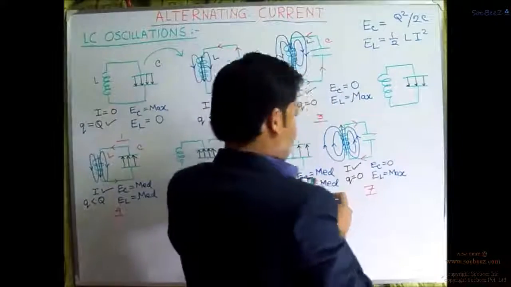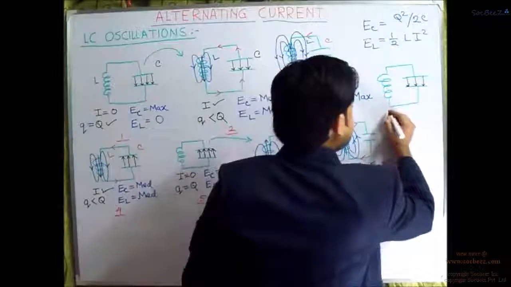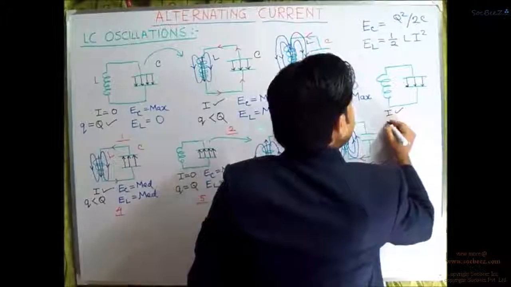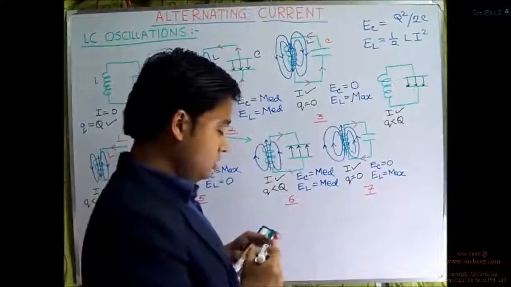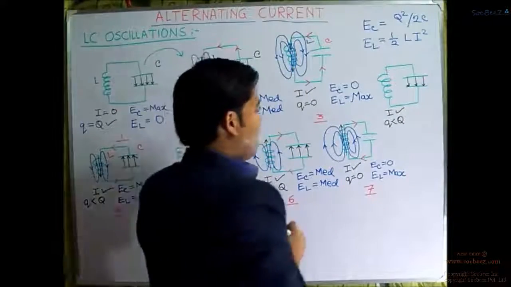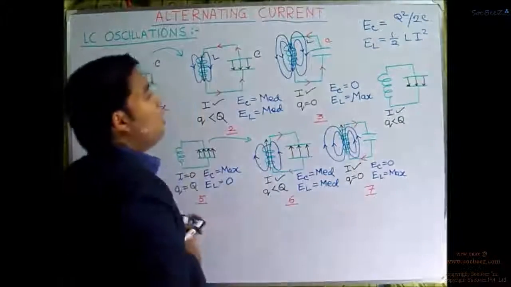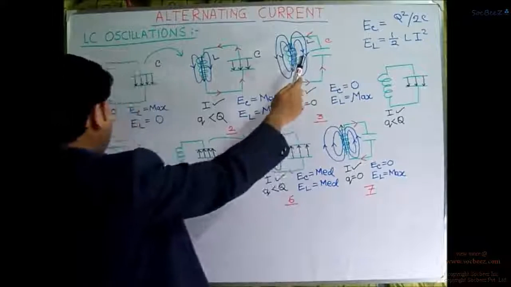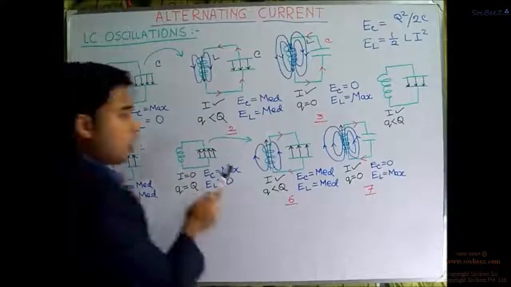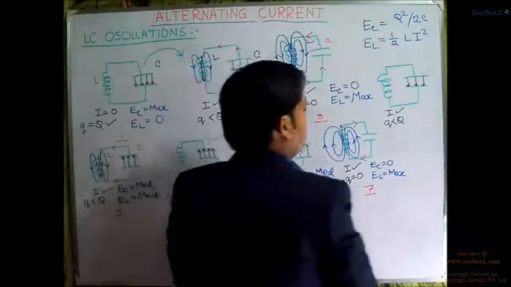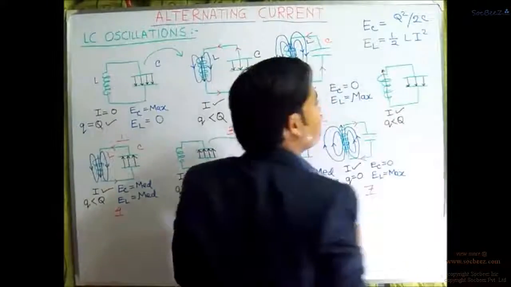So we can say over here in this situation, I is present, Q is present but obviously lesser than capital Q. Likewise, see, over here, it has remained in the same direction. So likewise, this will also remain in the same direction. Okay?